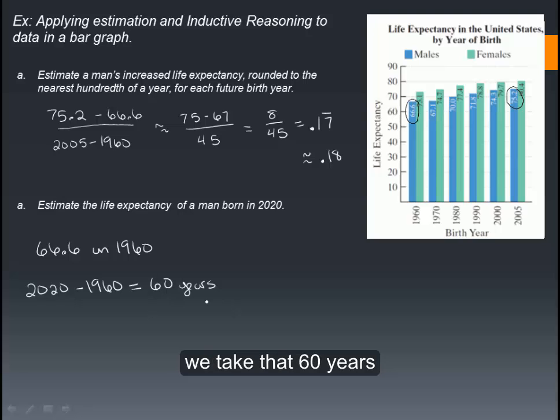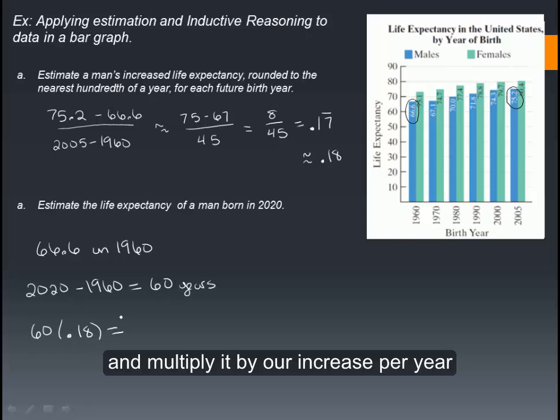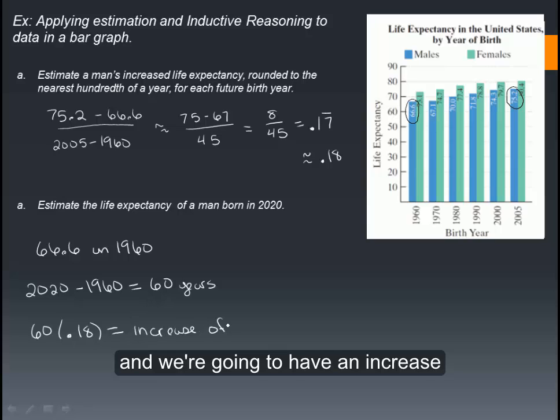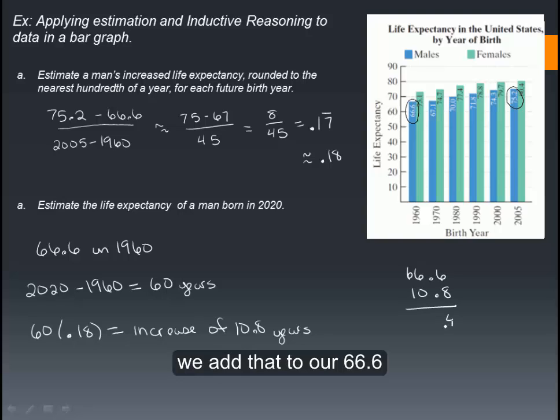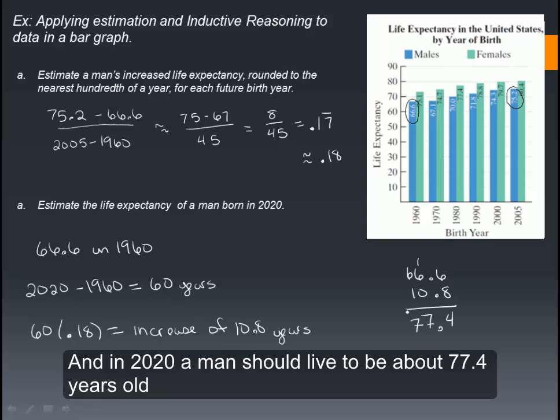We take that 60 years, we multiply it by our increase per year, and we're going to have an increase of 10.8 years. We add that to our 66.6. And in 2020, a man should live to be about 77.4 years old.